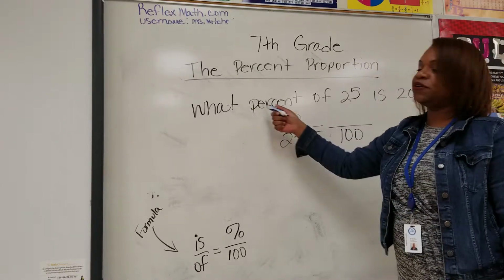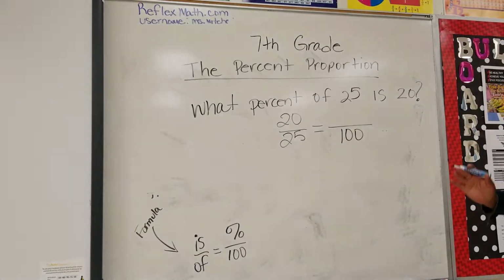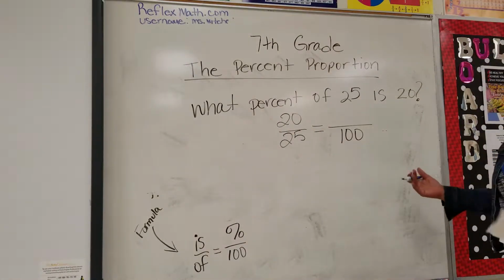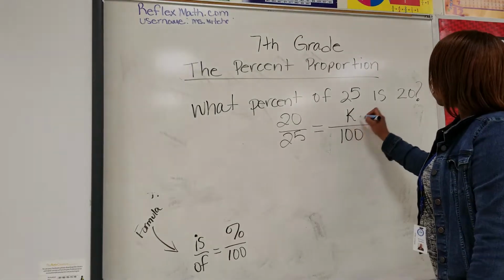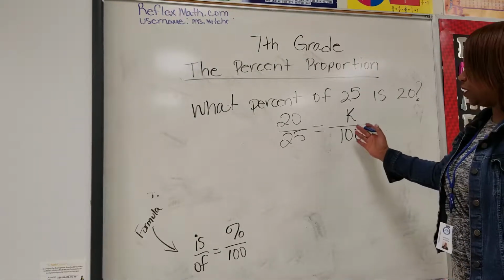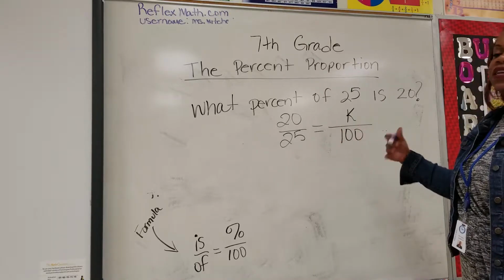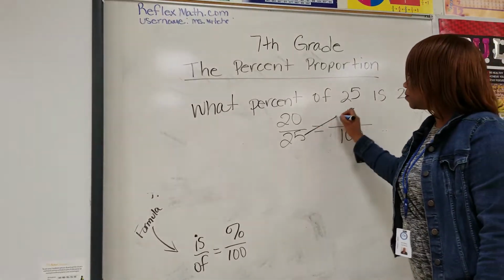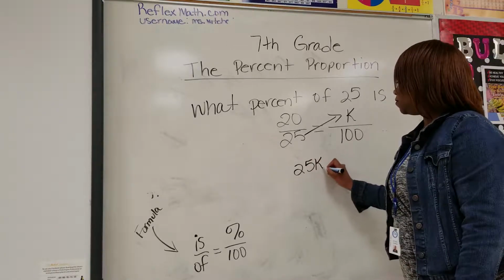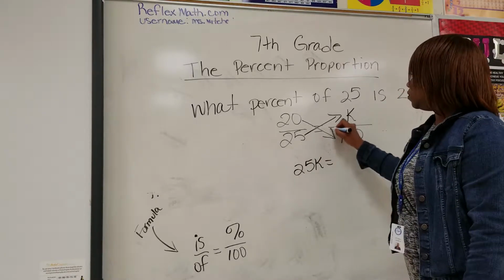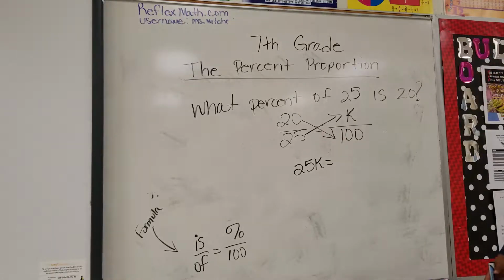And they said what percent? So that means that we don't know the percent. So let's represent it as K. So from here, we have set up the problem. Now we cross multiply. 25 times K gives us 25K. 20 times 100 gives us 2,000.